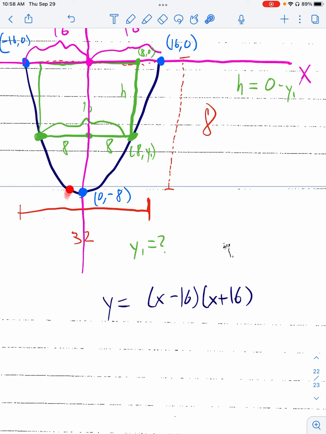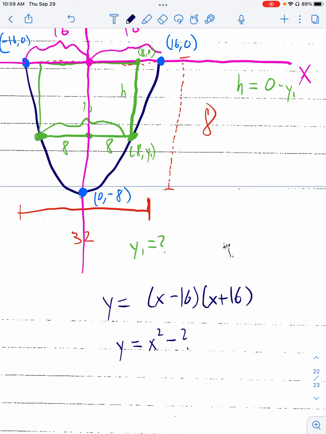But we have to figure out a way to make sure we have this as my y-intercept on my graph. So how do we do that? Let me think of the best way to explain this. Basically, when we FOIL all this stuff out, we're going to get something of the form y equals x squared minus something.